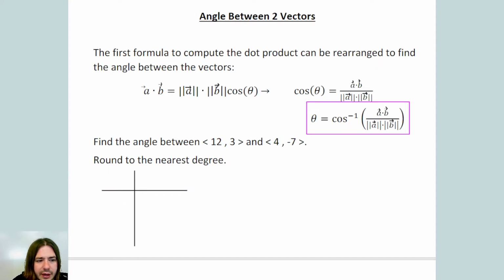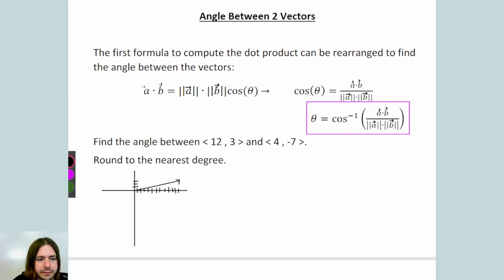We've got 12, 3, so 1, 2, 3, 4, 5, 6, 7, 8, 9, 10, 11, 12, 3. All right, so we got this vector right here.